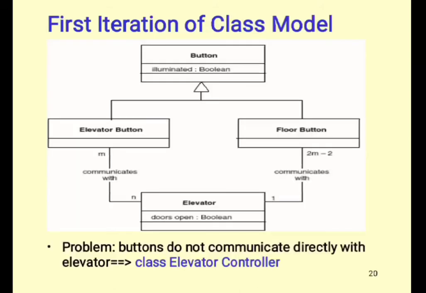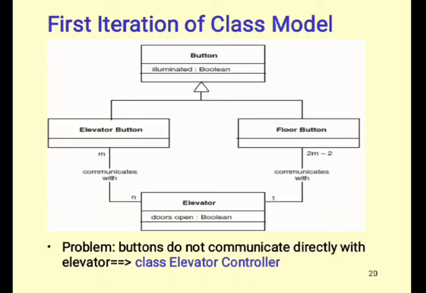Now we will see an example related to the class model. As we have already seen, there are two types of button. So button is the base class, from which elevator buttons and floor buttons are derived. Again, elevator button and floor button communicate with the elevator class.